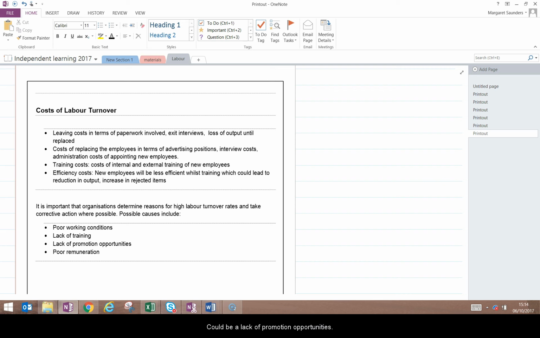It could be a lack of promotion opportunities, or finally, poor remuneration. So where possible, these need to be addressed so that the labour turnover rate can be brought down and the organisation has an efficient workforce.